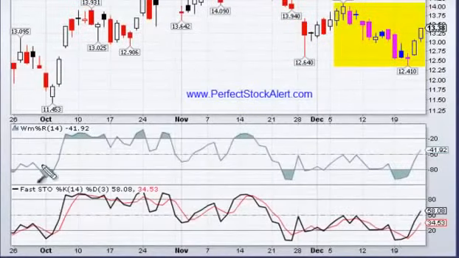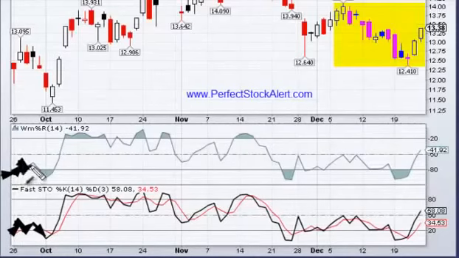Here we're looking at the two different indicators side by side. What the Williams percent R really is, is very simply the percent K of the fast stoch. It's identical. Every single move by the percent K of the fast stoch is tracked by the Williams percent R. There's not any difference.